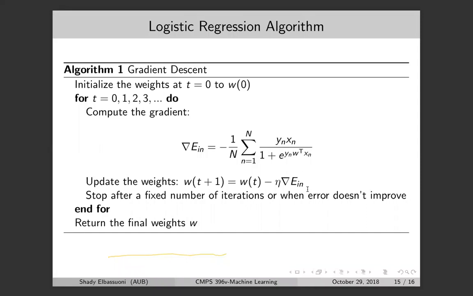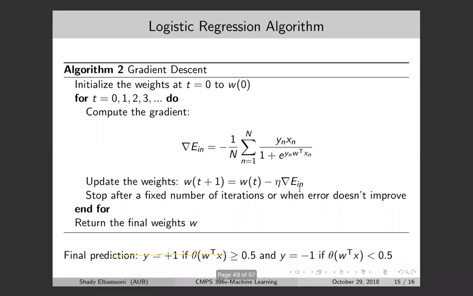Let's say I give you a point X and you compute this probability and it's 0.9. Do you classify this point as +1 or -1? +1, because the higher the probability, the more it's towards the positive. Exactly. If it's close to 0, then it's negative.